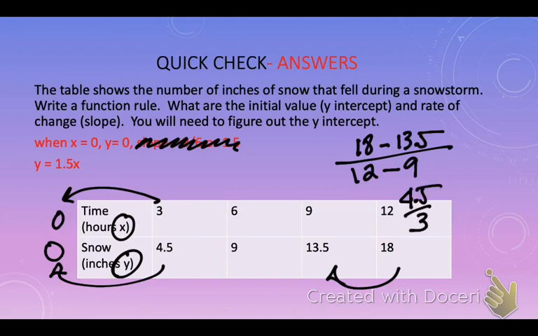But I can't have a decimal in a fraction. So I have 45 over 30. So 30 goes into 45 one time, and you're left with 15 over 30, which is 1.5. So that's how you get your slope, or your x. And remember, it's plus 0. So that's my function.